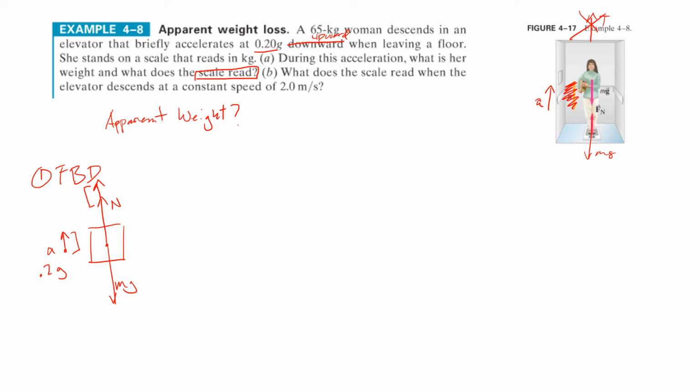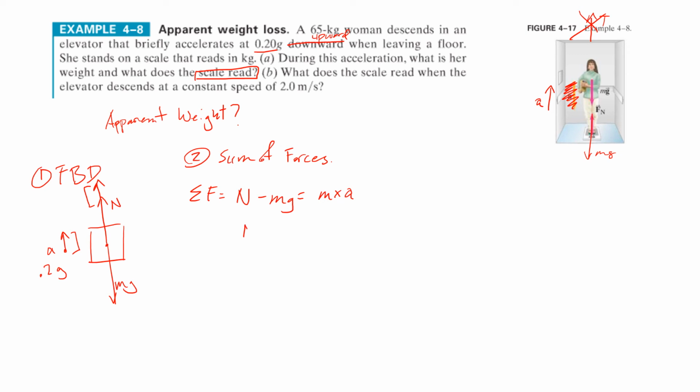Well, let's do some sum of forces. The sum of the forces is equal to, again, I'm just going to go with positives and negatives. Normal force, that's the positive, minus the mg. And then it is equal to, this time, a positive ma, m times a, because it's going up, right?